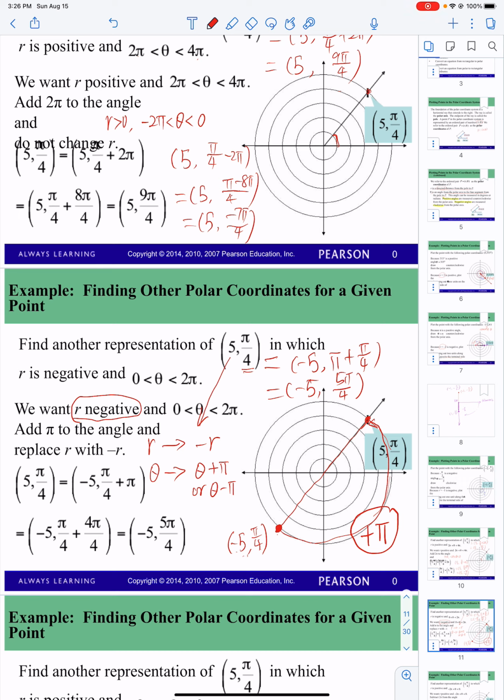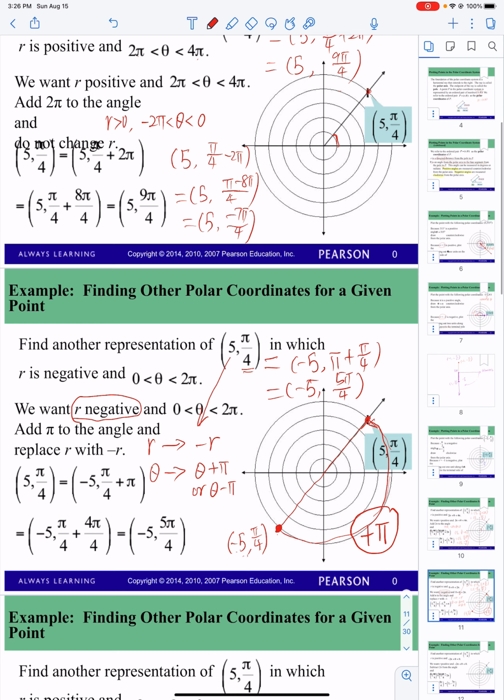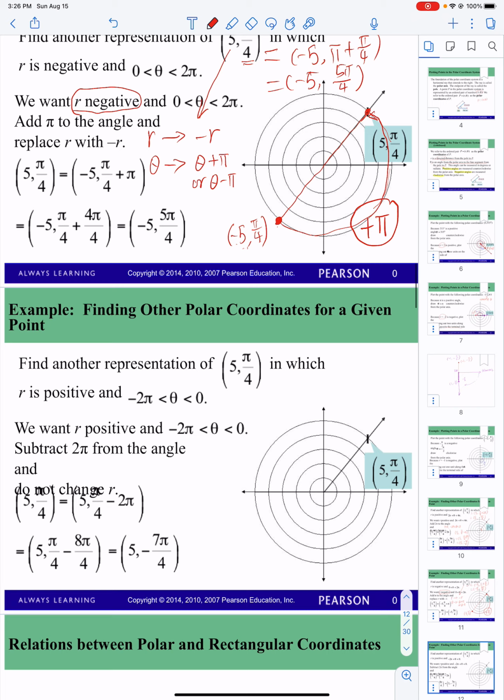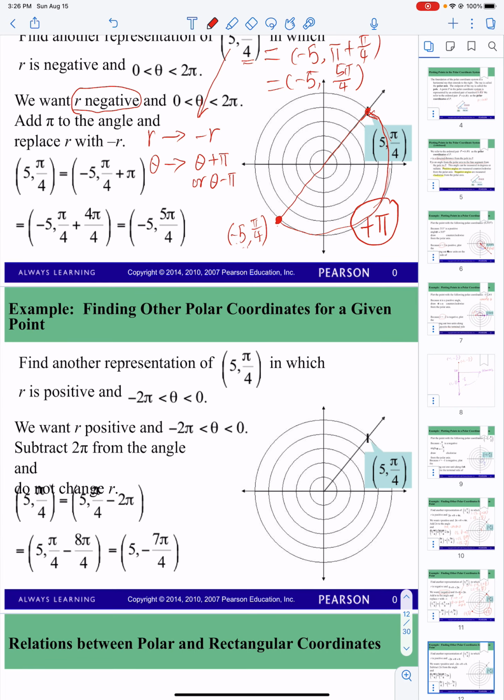Because your r goes to negative r, you are changing the angle. You plus pi or minus pi. Okay, so this is the formula. And I think we did this one already. We have already practiced this one.